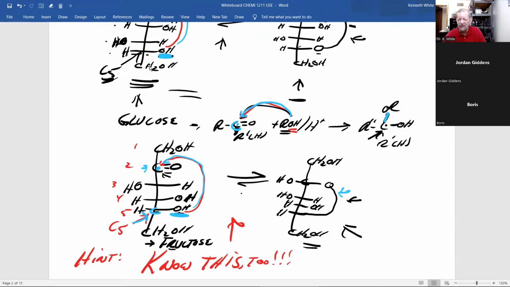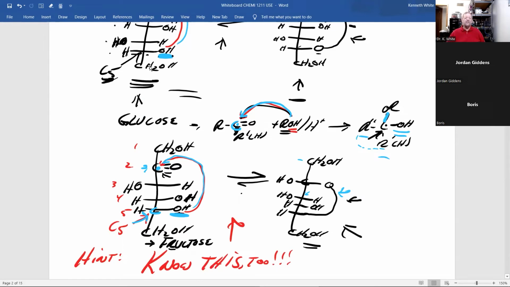And on there, there'll be a hydroxyl group. What is connected to these carbons are part of your R prime and R double prime, which make up this ring. And that's how you do it.